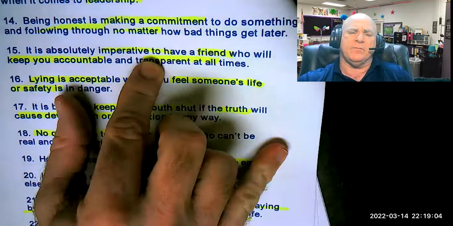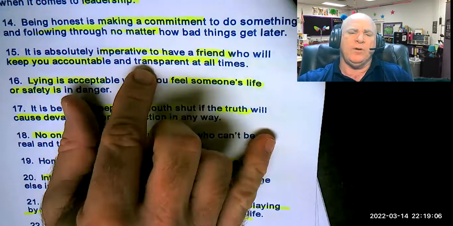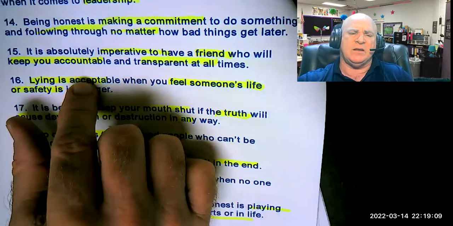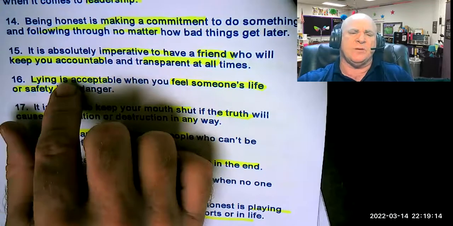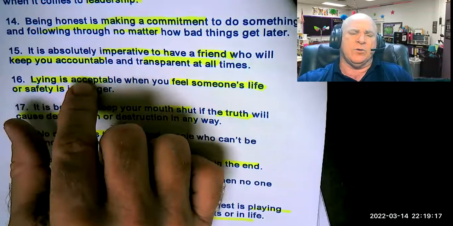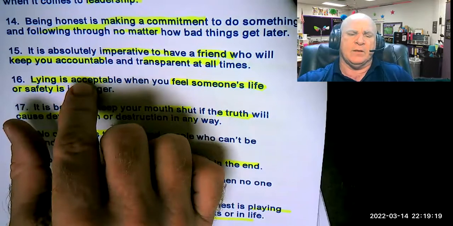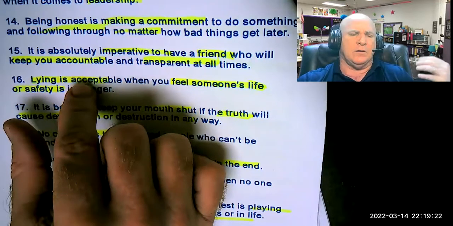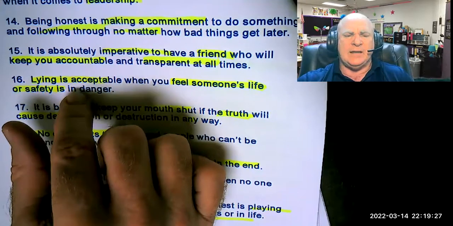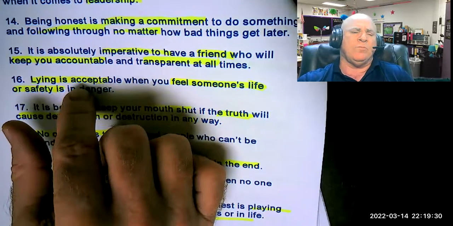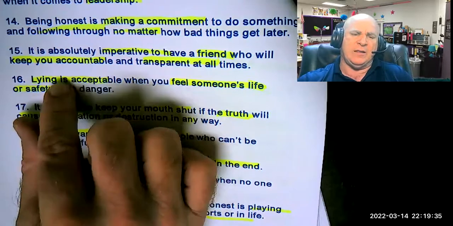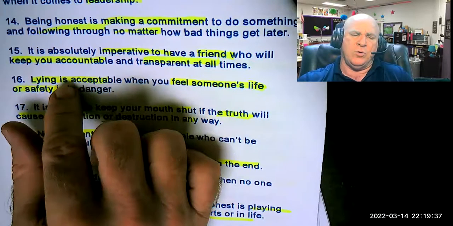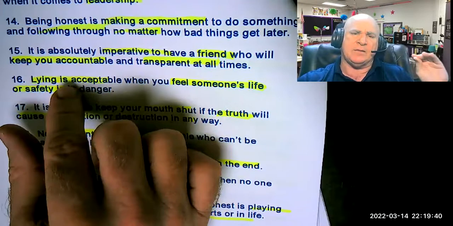Lying is acceptable, opinion, when you feel someone's life or safety is in danger. Okay. So if somebody tells you something that they're going to do that can hurt them, a community, the world, nature, then you might tell them to their face that you won't say anything, just to accommodate and appease that person.